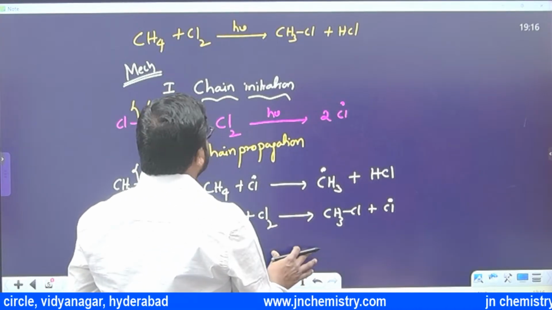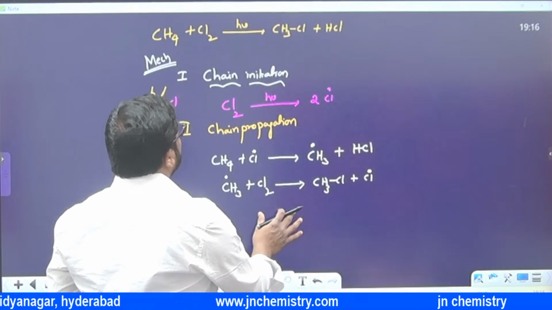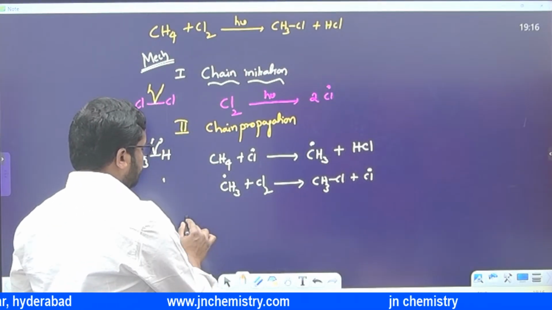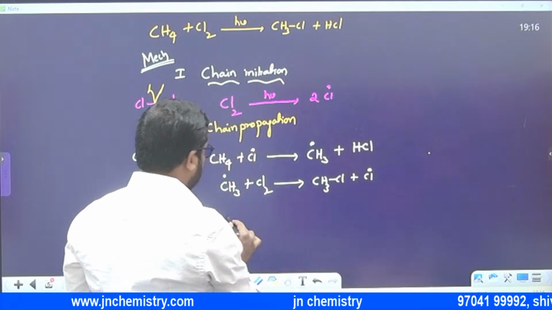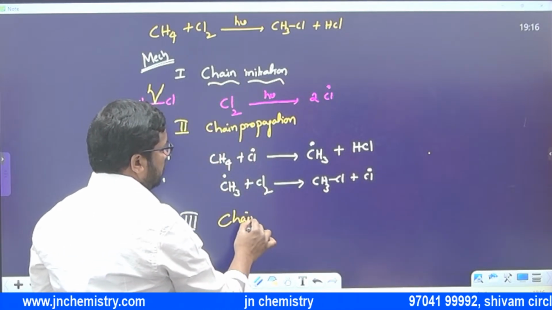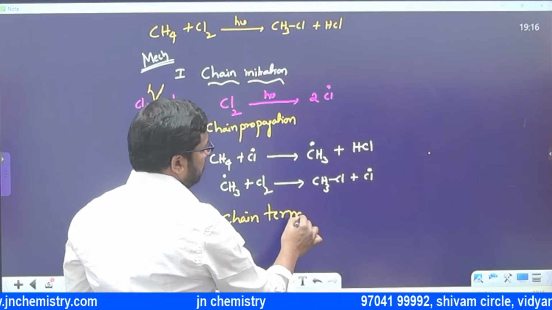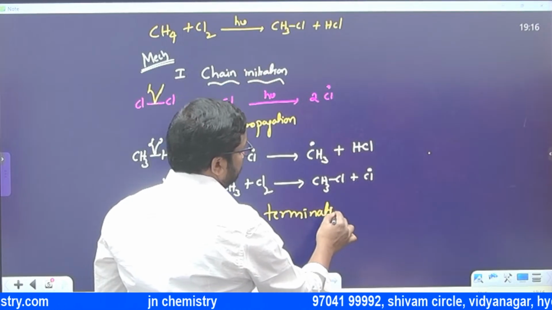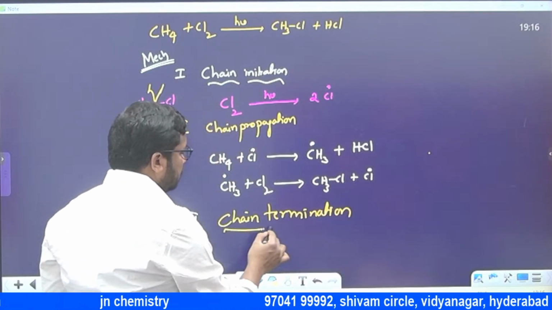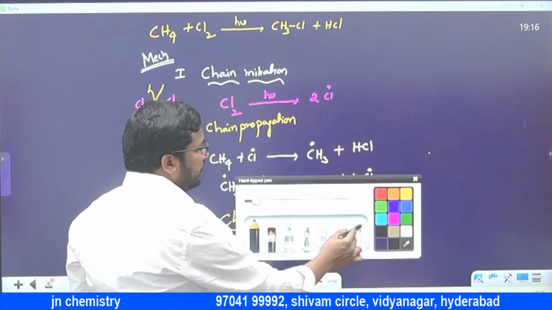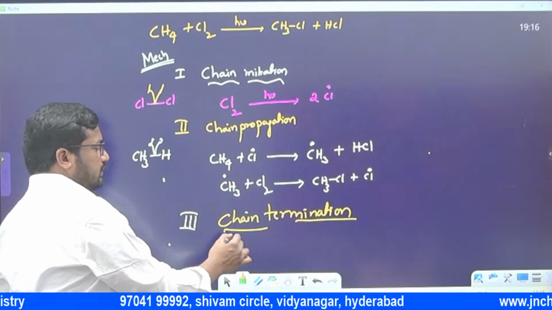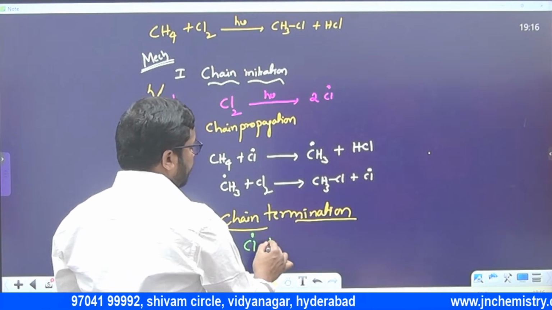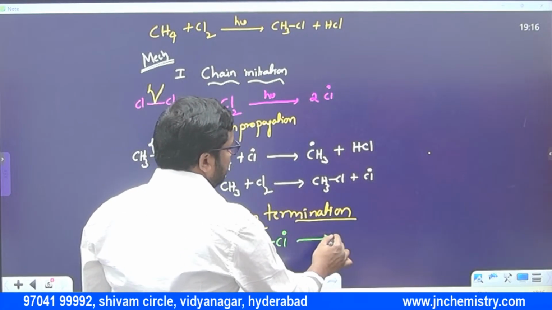Next, last step, chain termination. In chain termination, for example, two chlorine radicals remaining: Cl radical plus Cl radical will give Cl2.